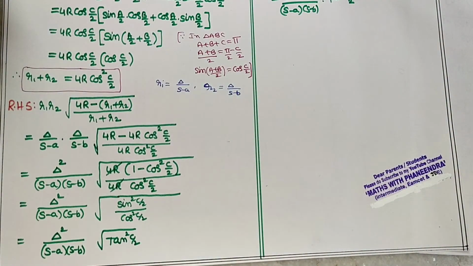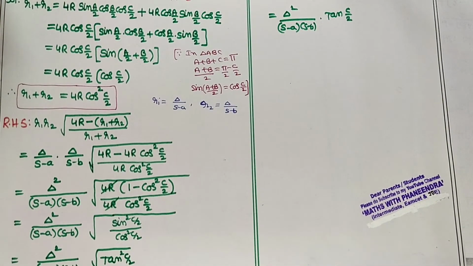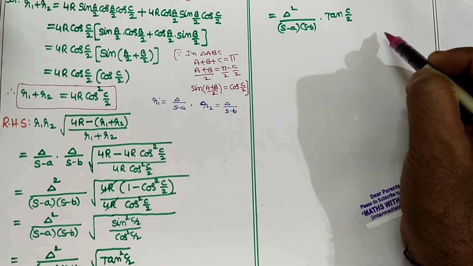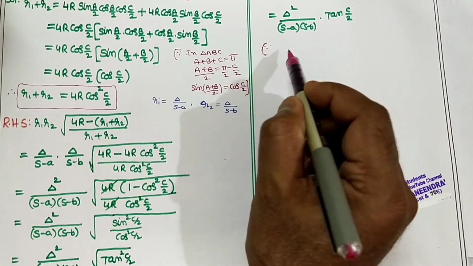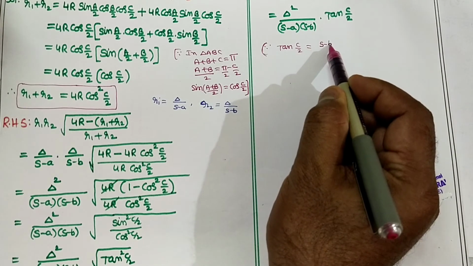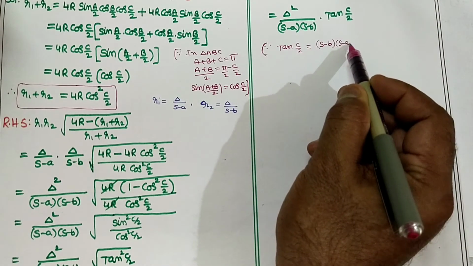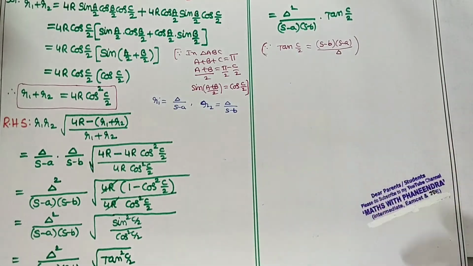In the earlier classes, we discussed that tan c by 2 value is s minus b into s minus a divided by delta. I'll write the formula because we forgot it from previous sessions long back. Since tan c by 2 equal to s minus b into s minus a divided by delta. This is the formula we have.